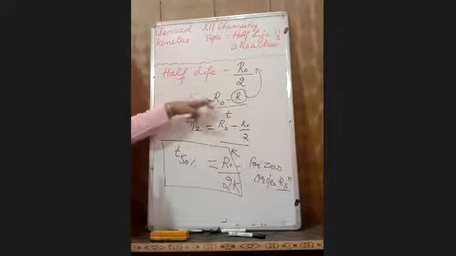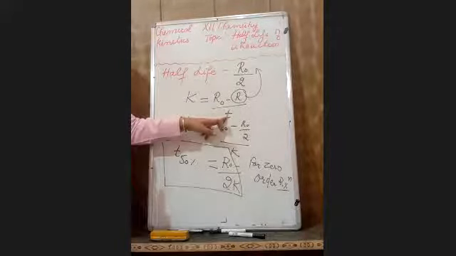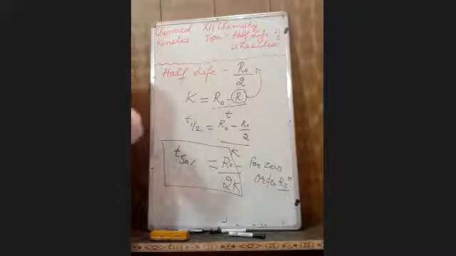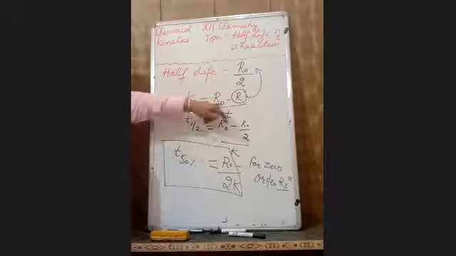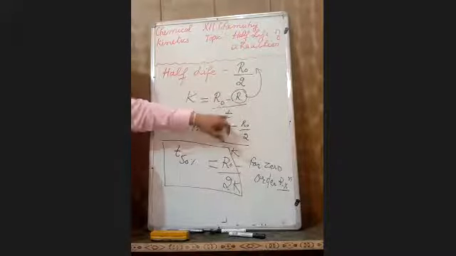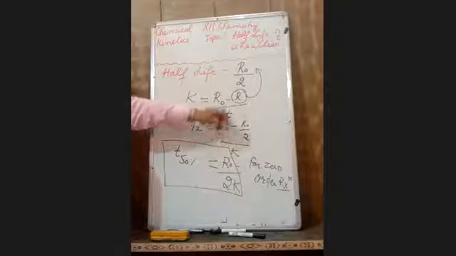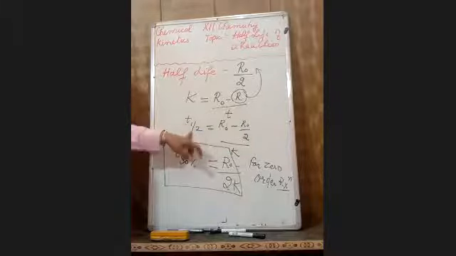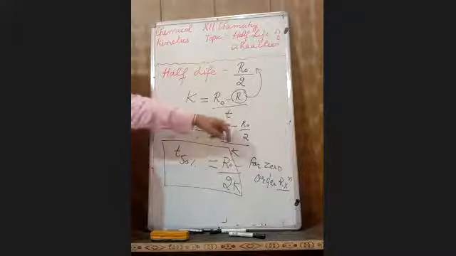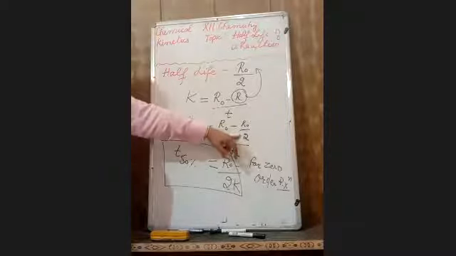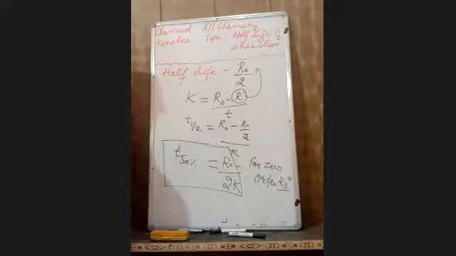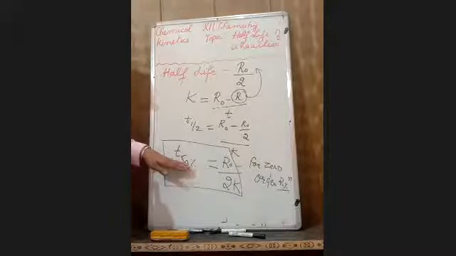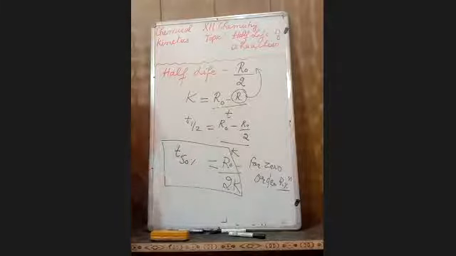K is equal to R naught minus R over T. You know this formula: rate constant, initial concentration, final concentration, T time taken. We have to calculate T half or T 50%, and 50% means the concentration is half of the initial concentration. So R naught minus R naught over 2 divided by K is equal to T 50%, which is R naught by 2K.